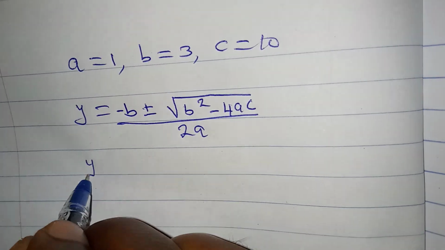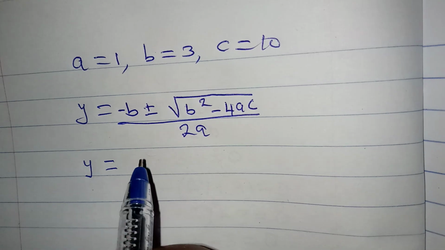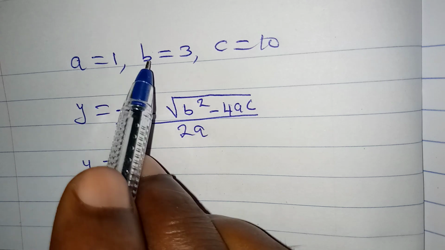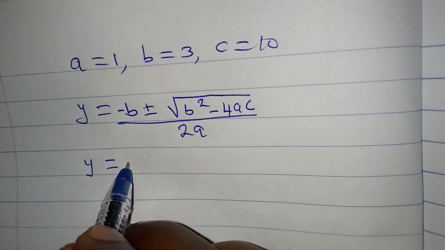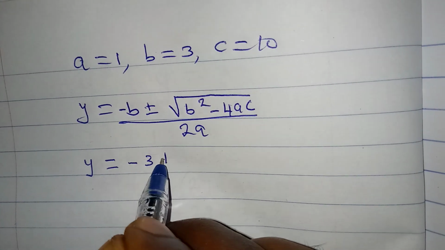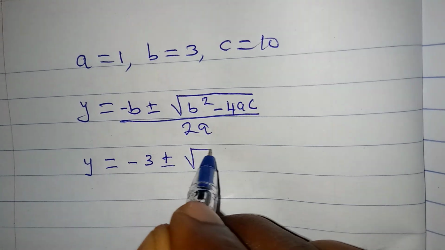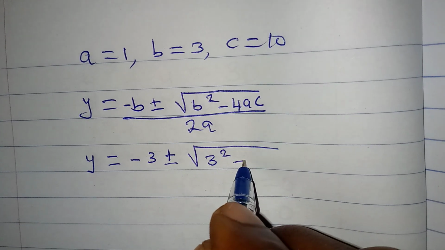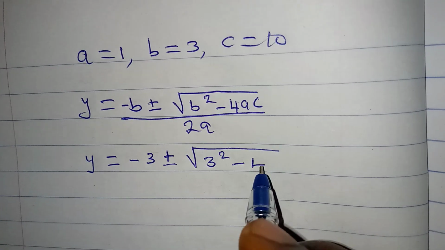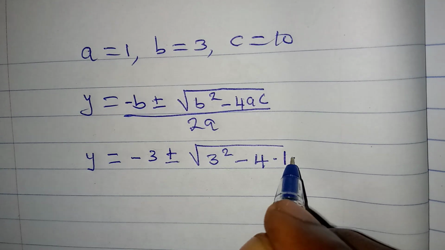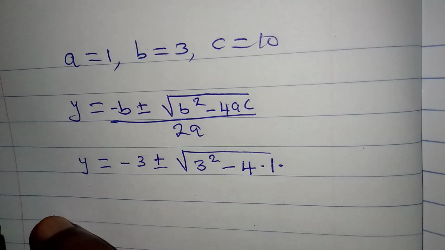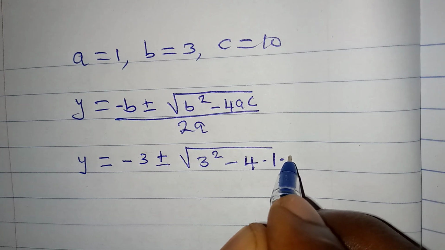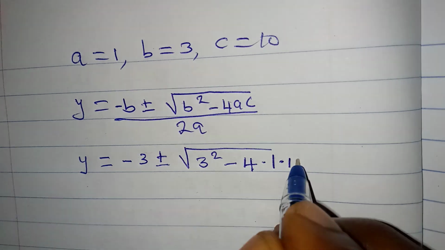Okay, so we have y equal to, now this is the formula though, so a is 1, b is 3, c is 10. So in place of b, I'll have minus 3, positive or negative. In place of b squared, I'm going to have 3 squared, then minus 4 times 1 times 10, because c is 10.